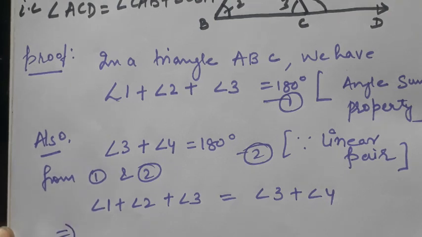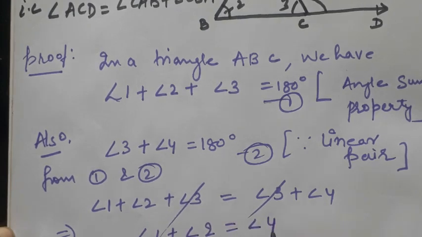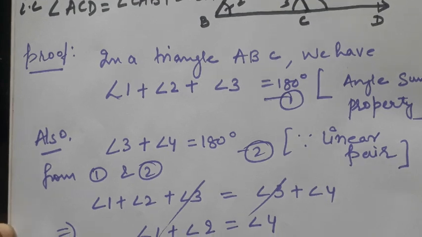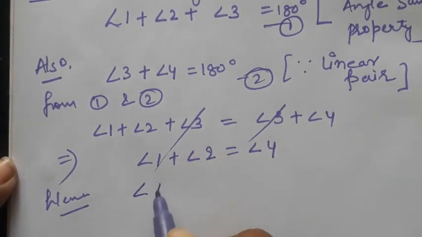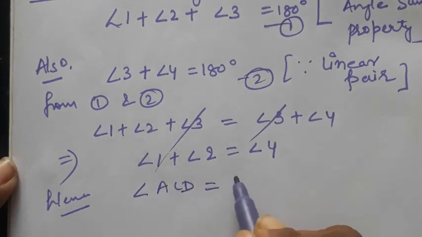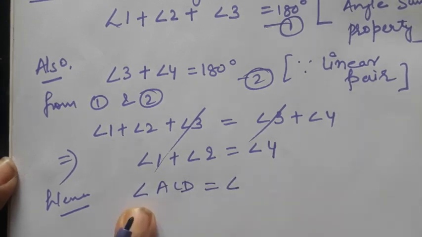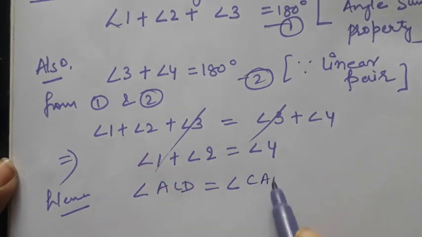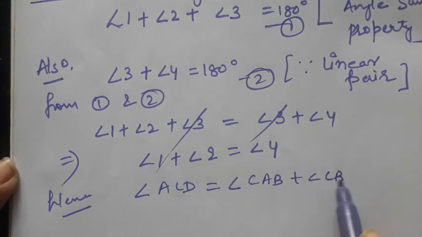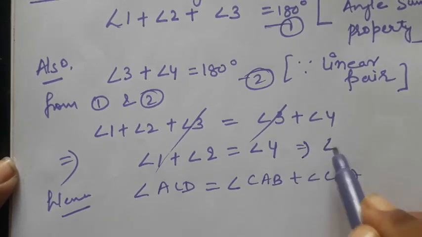From this, angle 3 will be cancelled out and we are left with angle 1 plus angle 2 equals angle 4. Hence we can say, in place of angle 4 I can write angle ACD, which is equal to angle 1 plus angle 2, which is angle CAB plus angle CBA.